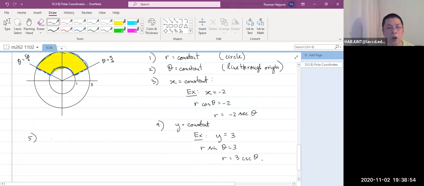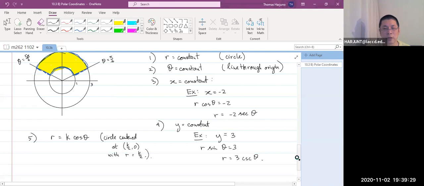How about r equals k times cosine theta? Now you will see this is a circle centered at k over 2 comma 0, that's on the x-axis, with radius k over 2.